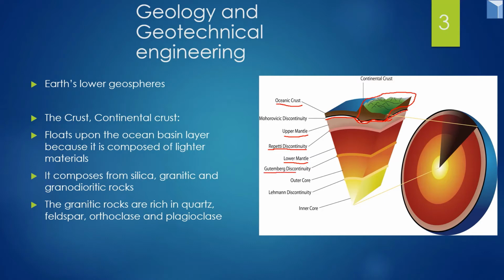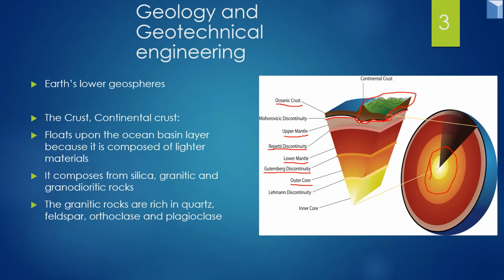And we have the person who discovered or suggested the boundary, Gutenberg, and therefore we call this boundary the Gutenberg boundary. And the Gutenberg boundary simply separates the lower mantle from the outer core, and the outer core sphere is this place here.